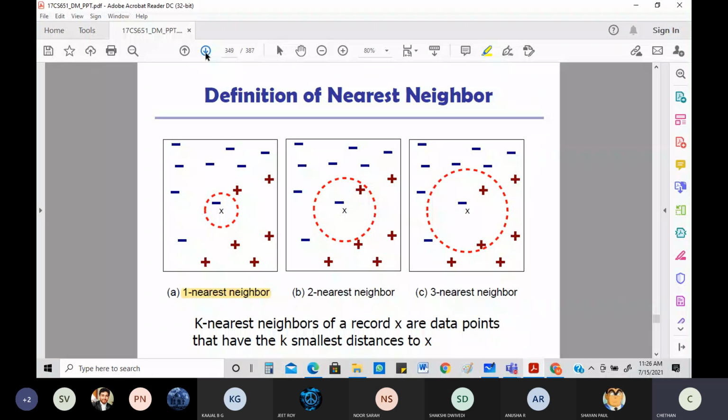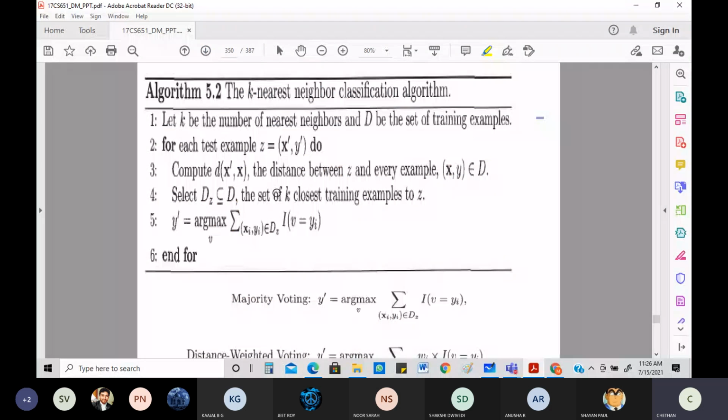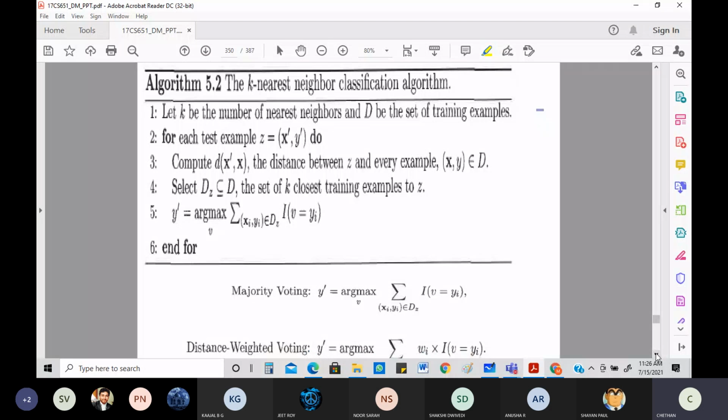The next part is the algorithm that you see. Again, it's taken from the textbook, so if it's not looking good, it's right from the textbook. The key k nearest neighbor classification algorithm: let k be the number of nearest neighbors, T be the set of training examples, and D the database.